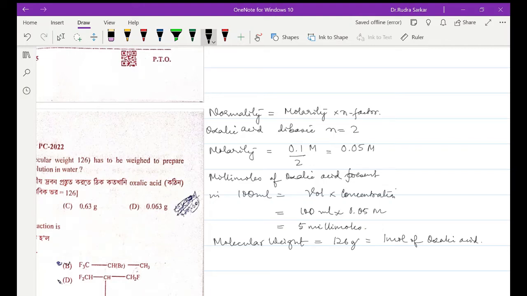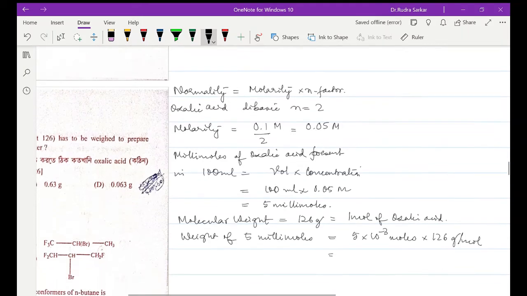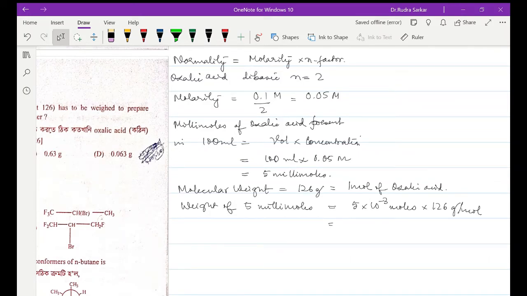So the weight of 5 millimoles will be 5 into 10 to the power minus 3 moles into 126 grams, and that will come out to be, basically, let's calculate, 0.63 gram.